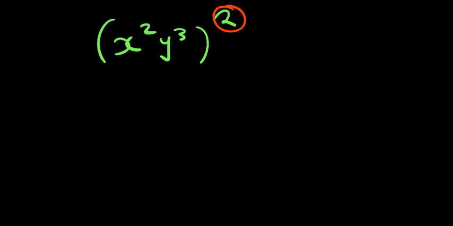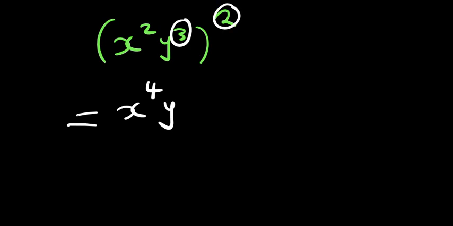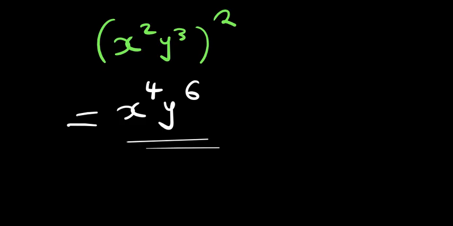So we're going to have x, this 2 multiplied by the 2 on the x, we're going to have a 4. Then we come to y. Again, we multiply this 2 with the 3 on the y, and we're going to have a 6. So basically this will be your final answer.